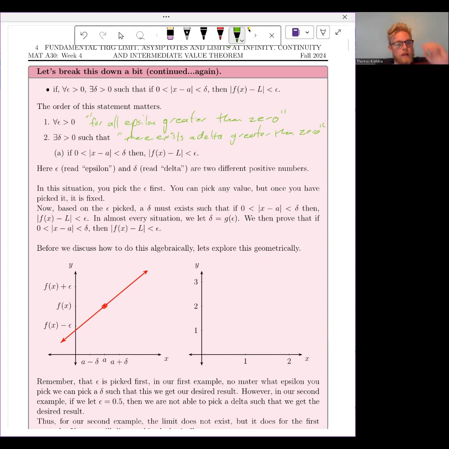Here, epsilon and delta are two positive numbers.